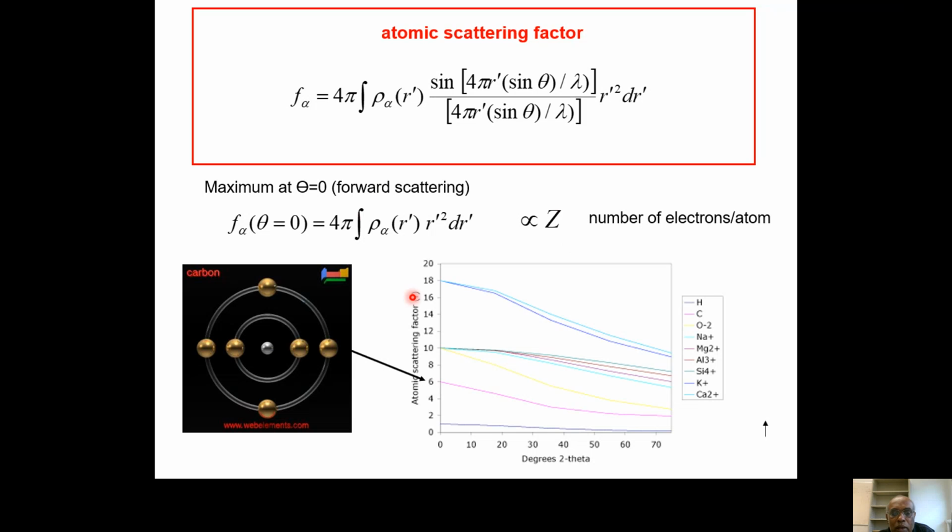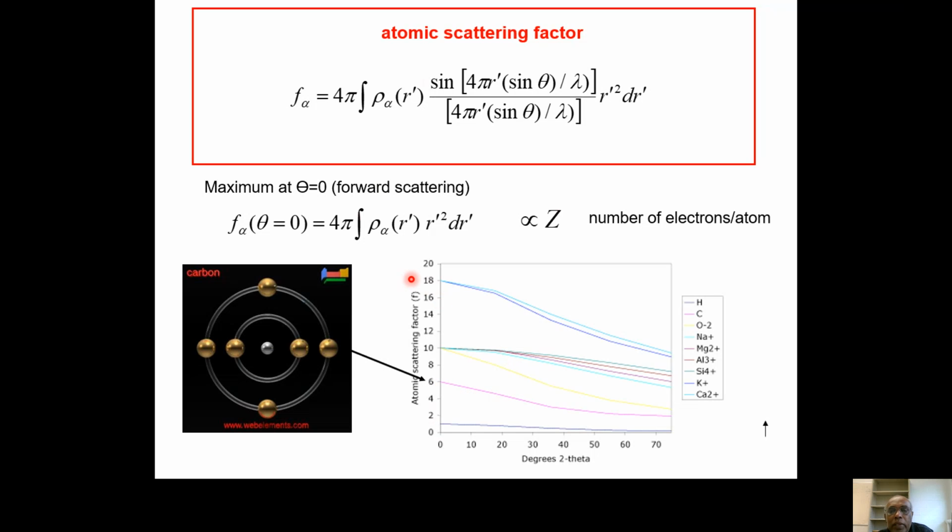So here you have the atomic form factor as a function of θ. You can see for θ equals 0 in this situation, if you consider hydrogen here, you can see this is 1, right? It is 1 for hydrogen. Then if you go to carbon, carbon has it as 6. So this is for carbon.